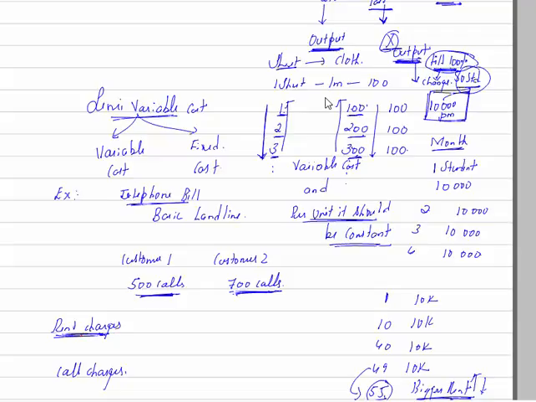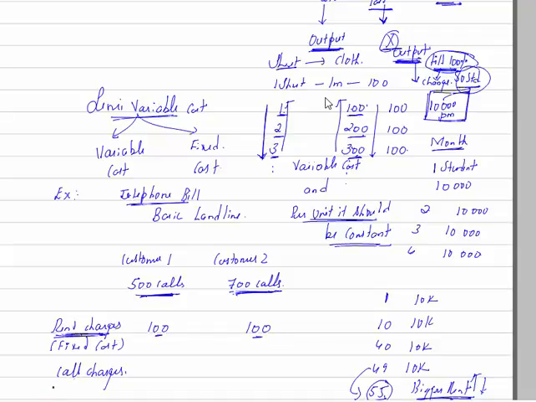Let us take the rent charges as 100 rupees. So we can call it a fixed cost because this is not going to change according to the output. Anyhow, we need to pay a cost of 100 rupees in all the cases.